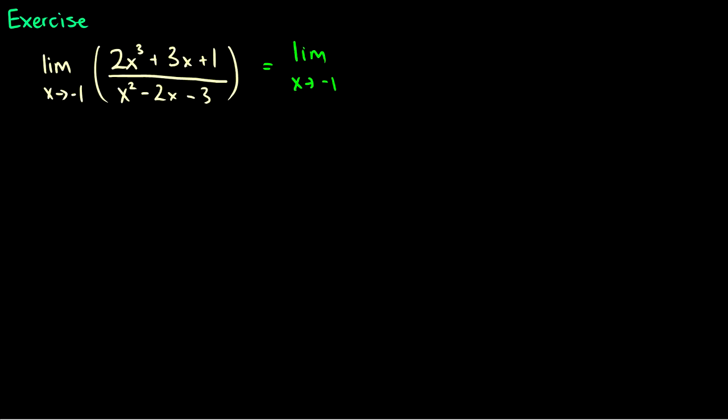So 2x squared plus 3x plus 1, the constants should multiply together to get 1, they should add together to get 3. So this looks like it's going to be 2x plus 1 multiplied by x plus 1 when we factor. We can multiply these out to check for sure, so that'd be 2x squared plus 2x plus x, which is 3x, plus 1 times 1, which is 1, so that works.